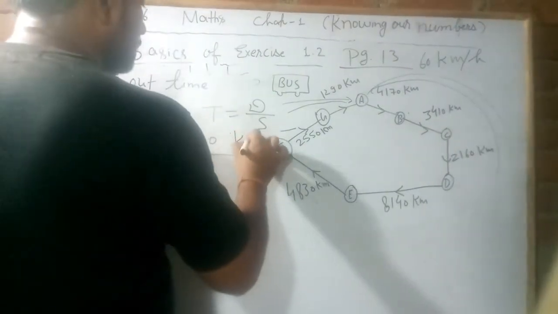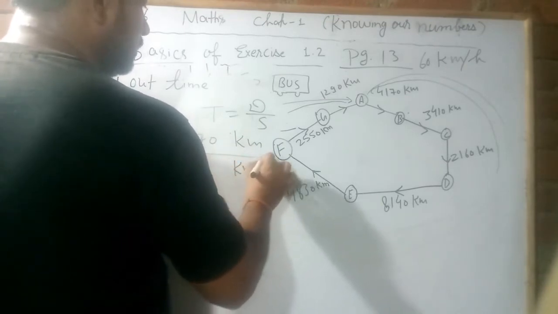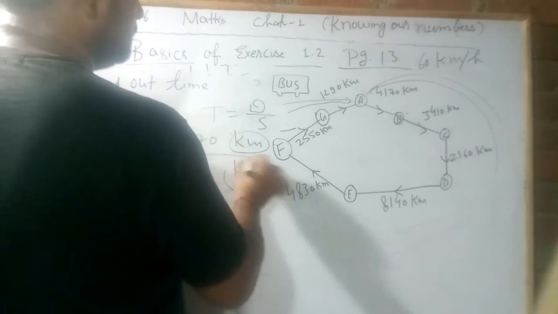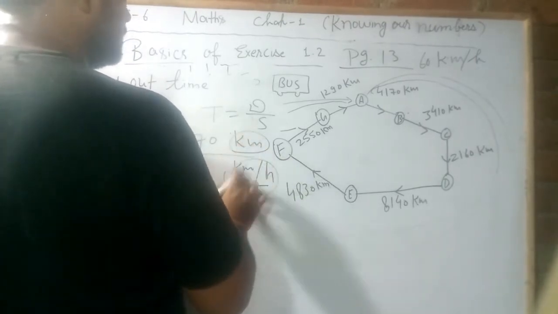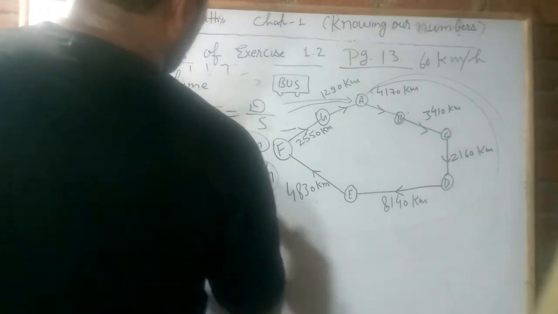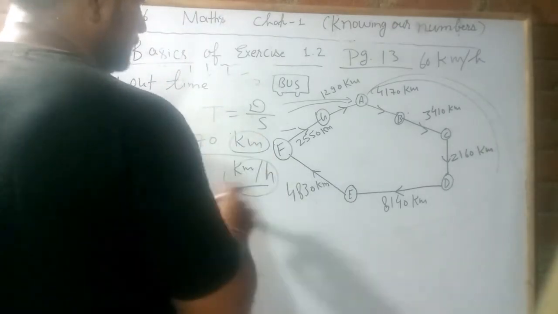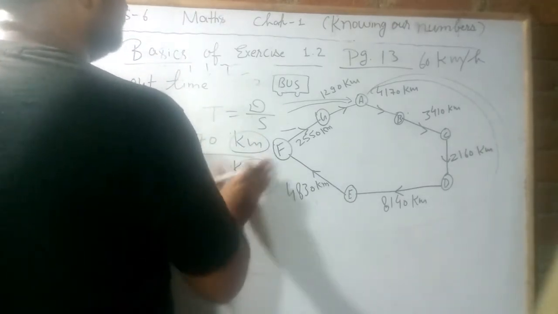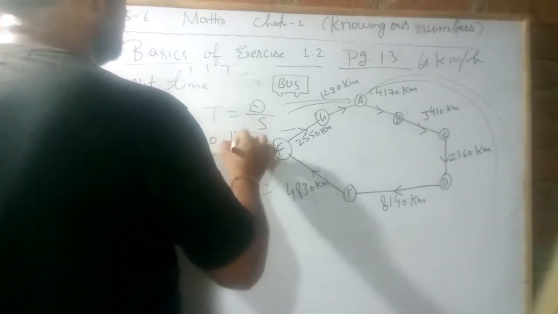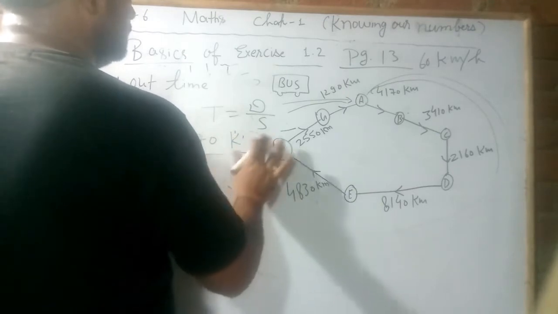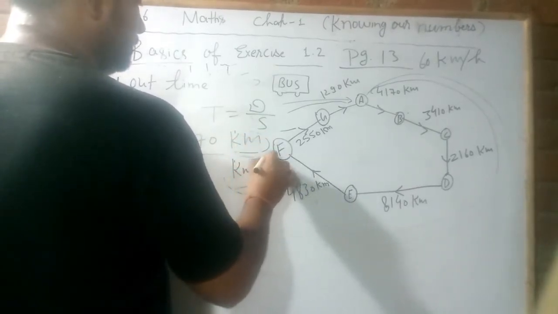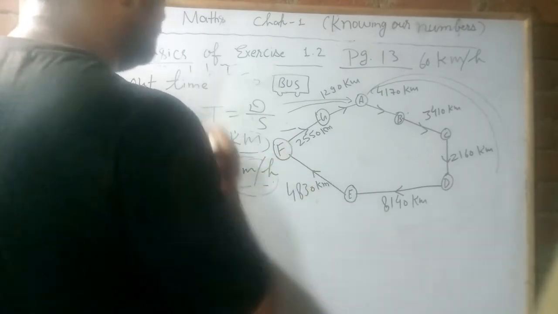First of all, check this one also, whether the units are the same or not. It means kilometer must be matched. And this will come in hours. I'm writing over here, no problem. Kilometer per hour.